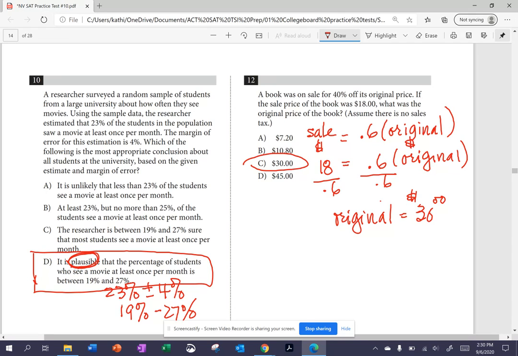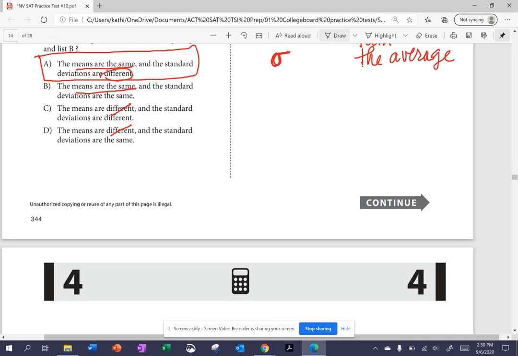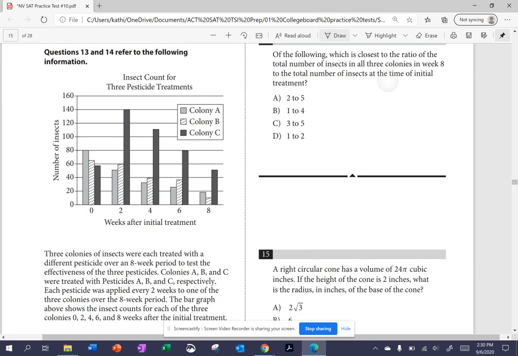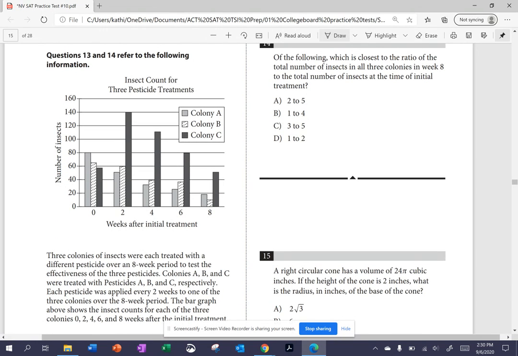All right, let's try number 13. Three colonies of insects were each treated with a different pesticide over an 8-week period to test the effectiveness of the three pesticides. Colonies A, B, and C were treated with pesticides A, B, and C, respectively.